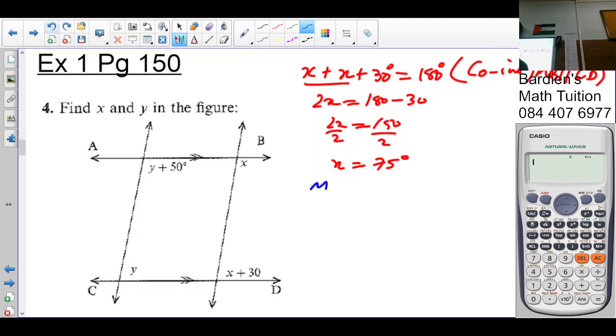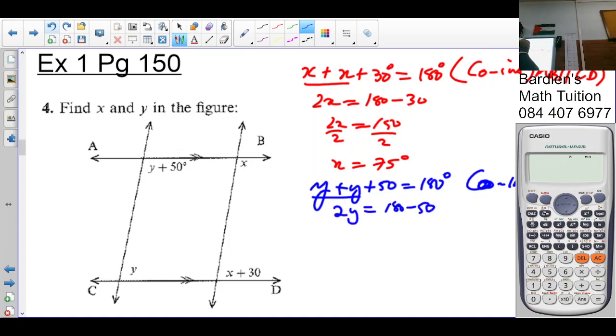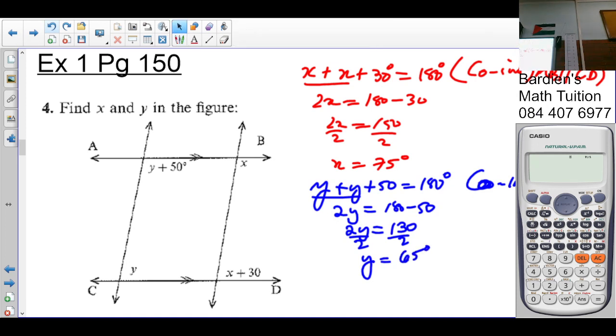Co-interior angles with AB being parallel to CD. So 2y is equal to 180 minus 50, which is 130 degrees, divided by 2.